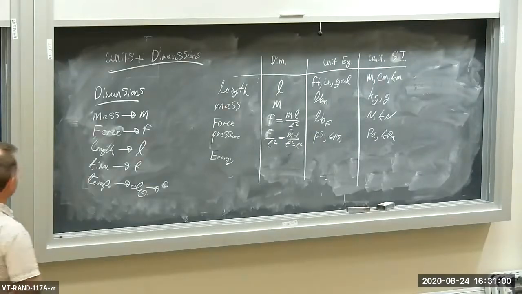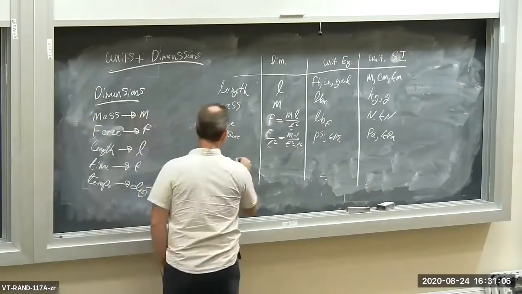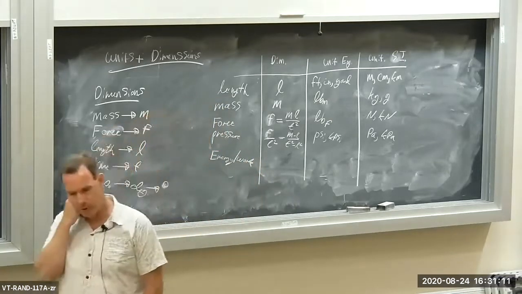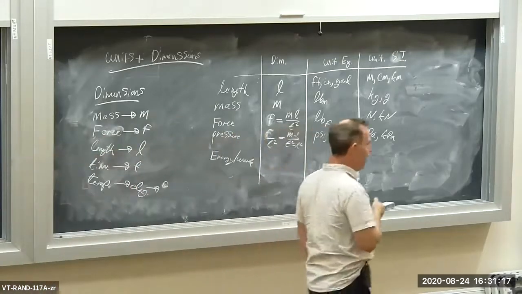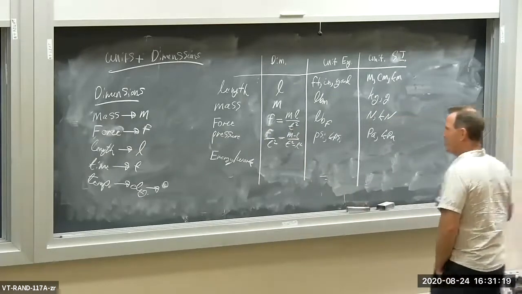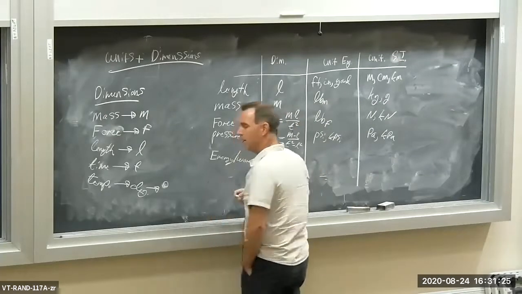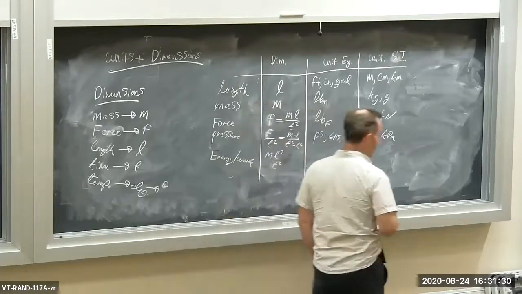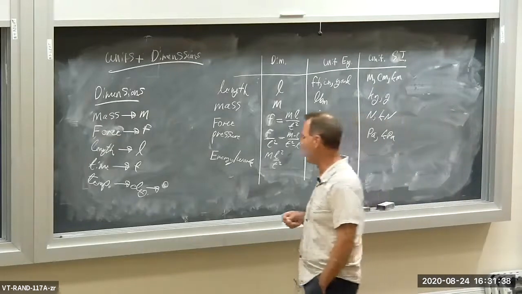So energy or work, let's take the kinetic energy, 1/2 m velocity squared, has dimensions of mass times the velocity squared, so M L squared over T squared.